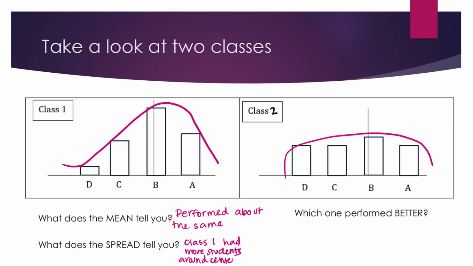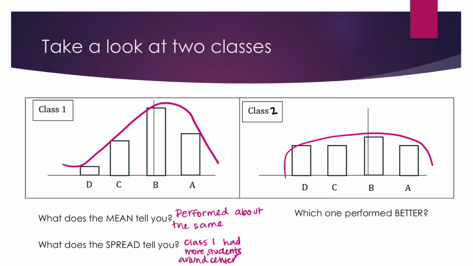But in class 2, there was an equal chance for all of the students. All of the students performed differently, with an equal amount of D's and C's and B's and A's.